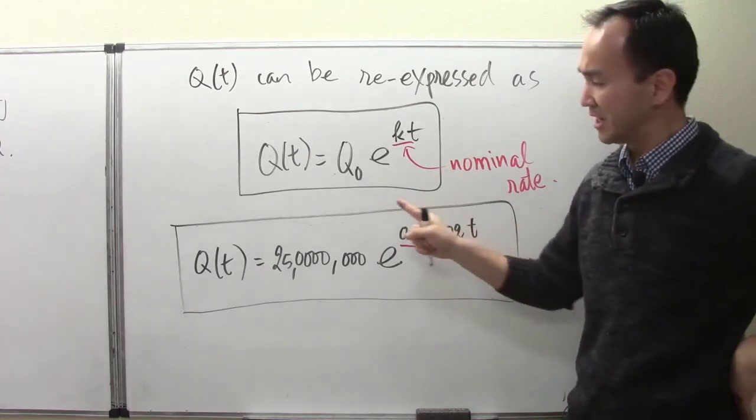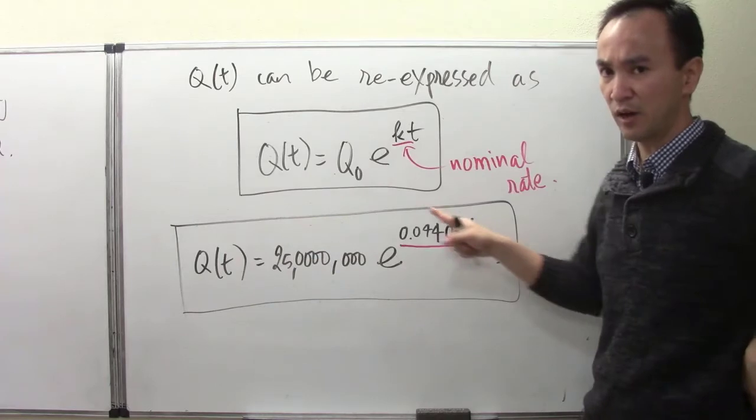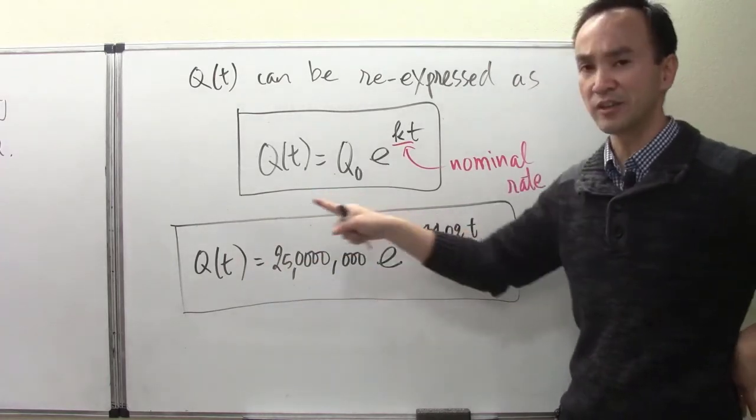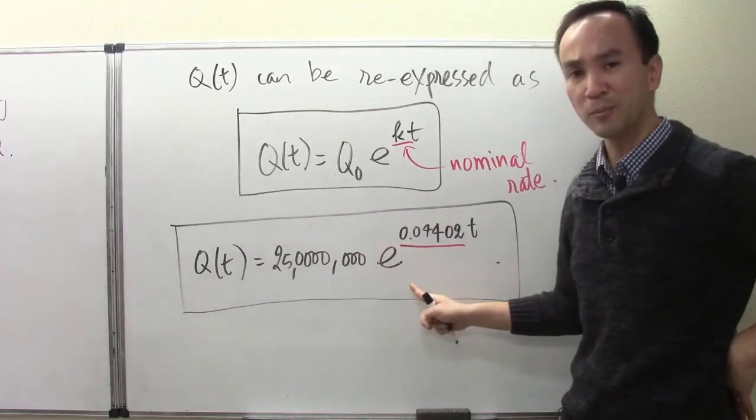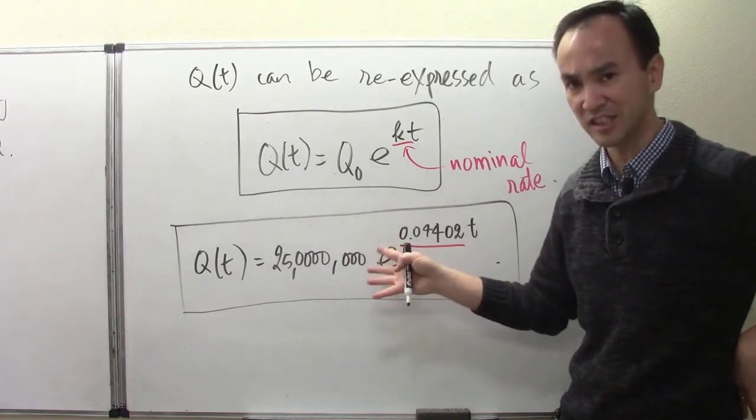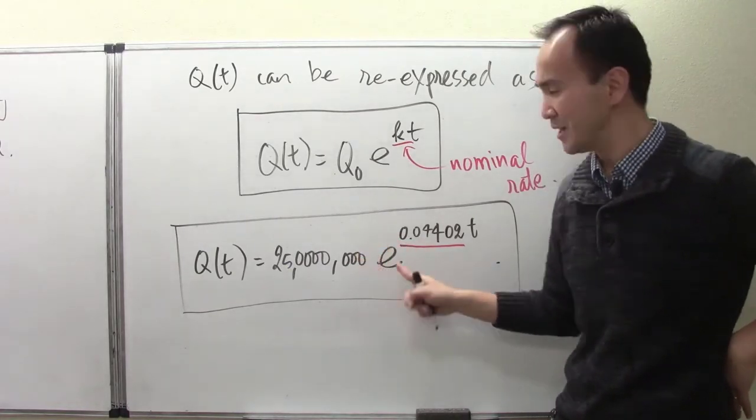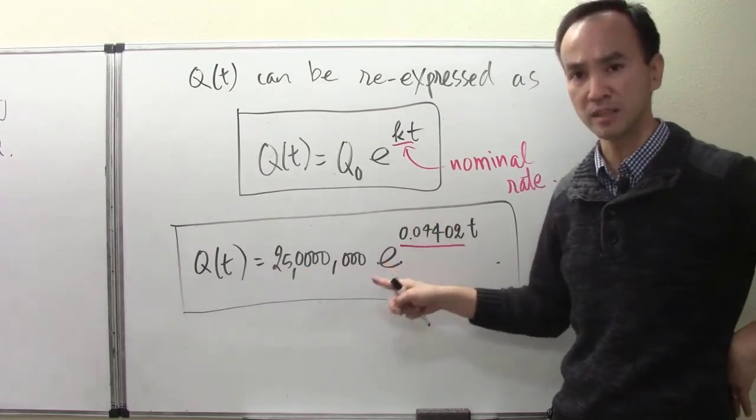But the way we write our function, this function in this form with base e, among the scientists and the mathematicians, we call this model the continuous model.